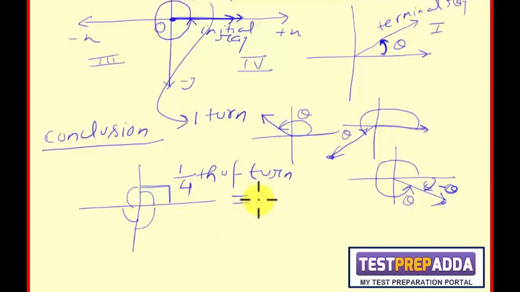This we say is a right angle. What do we say this is? Right angle. We have divided this one rotation or one turn into four parts, and this one part is called a right angle.